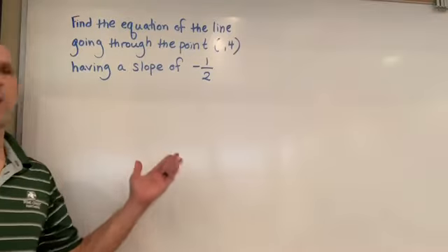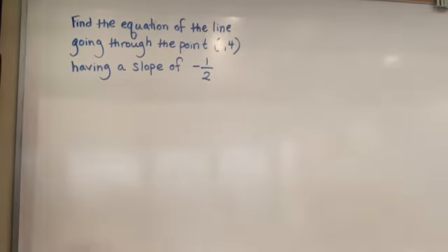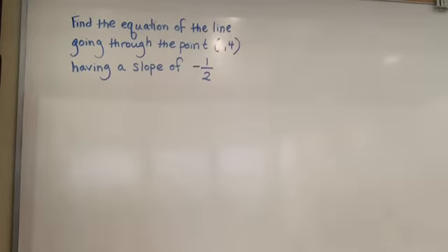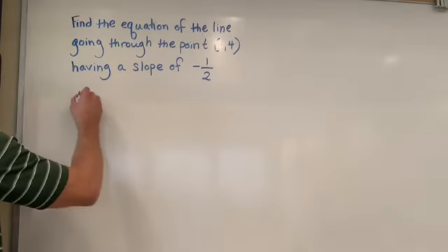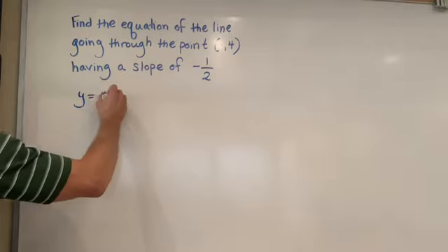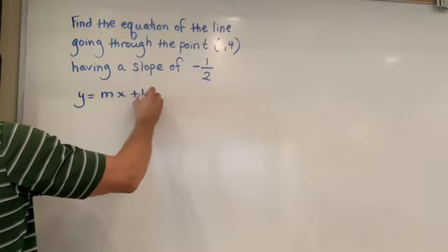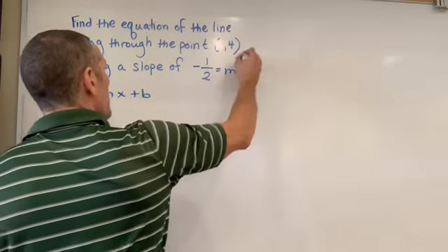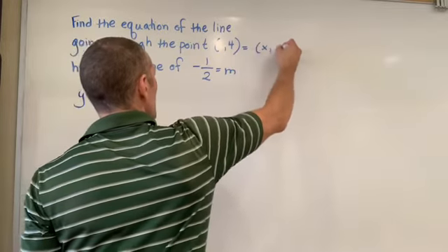In this problem here, we're asked to find the equation of a line going through this point having a slope of negative 1/2. Well, if we put this into slope-intercept form, y equals mx plus b, notice what they've given us. They've given us m, and they've given us x and y.